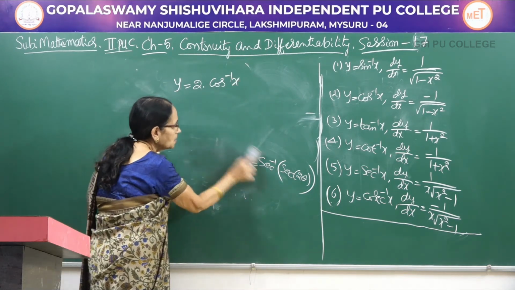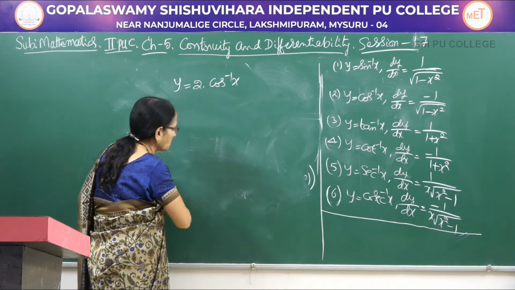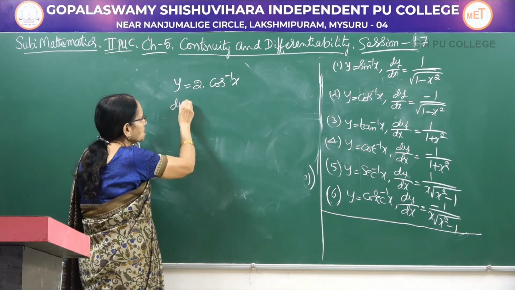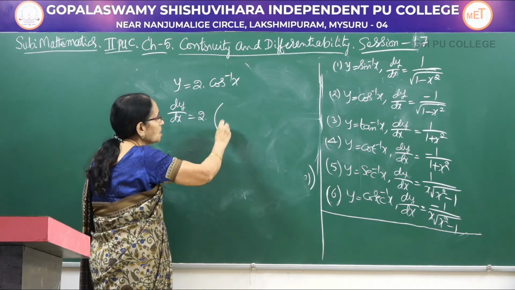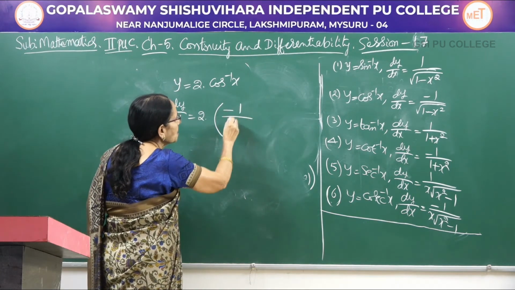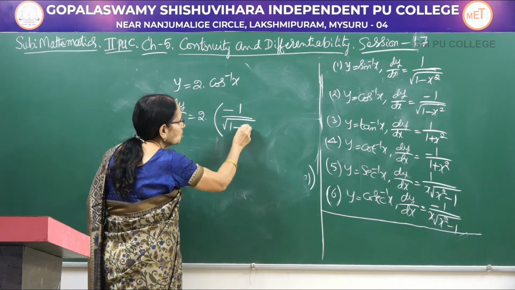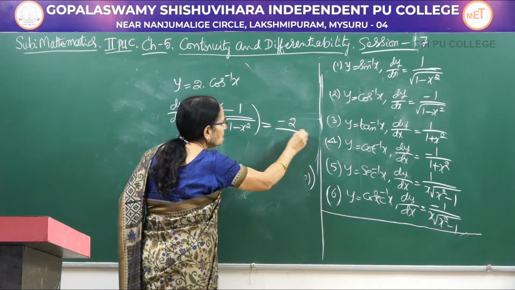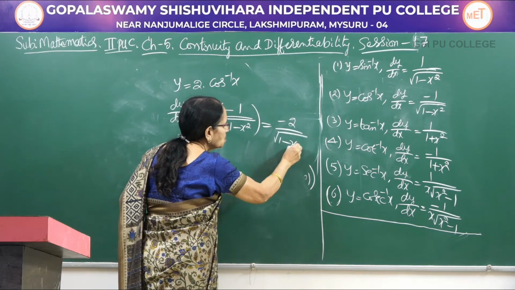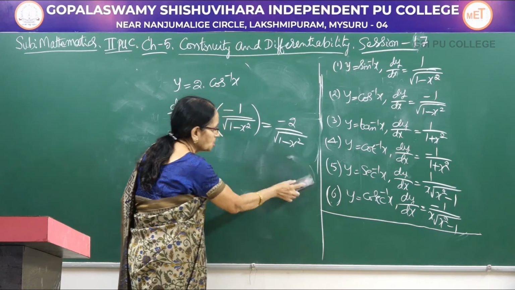Now the derivative can be written directly because it is a basic function. Differentiate with respect to x. 2 into, it is negative, we are having minus 1 over root of 1 minus x square, or if you write it like this, minus 2 divided by root of 1 minus x square.